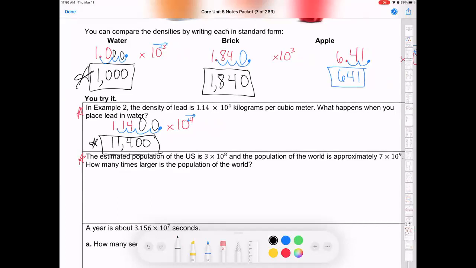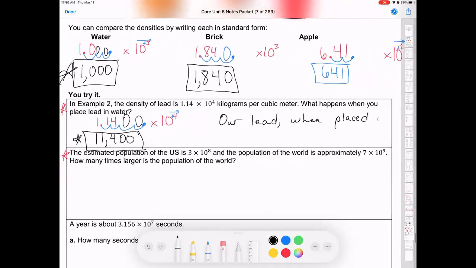As a result, you would see it sink to the bottom because it's heavier. Okay, so to answer the question, our lead, when placed in water, would sink to the bottom.